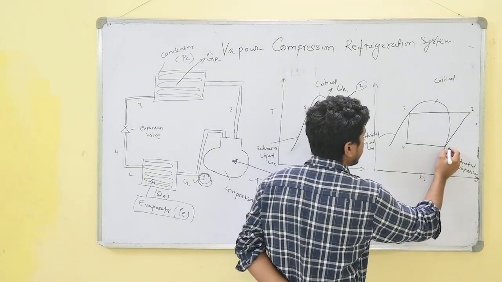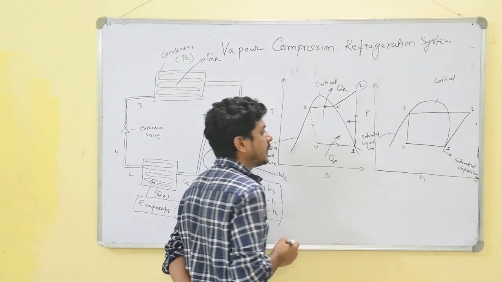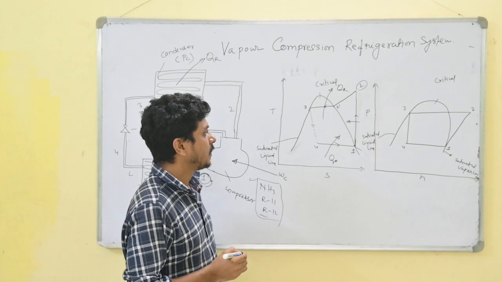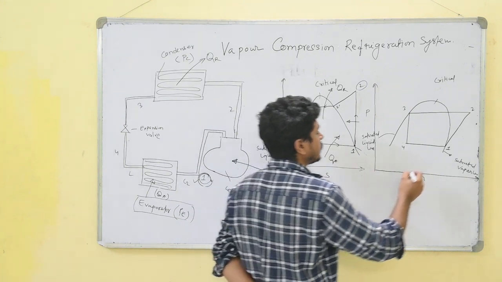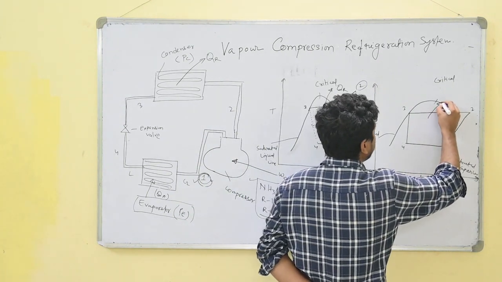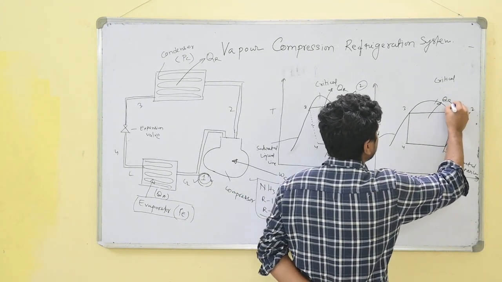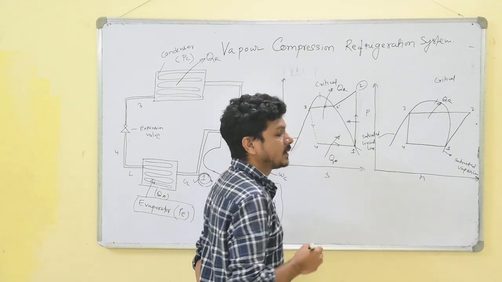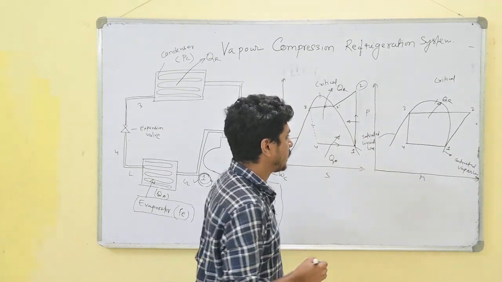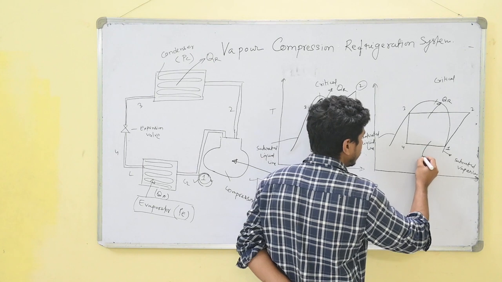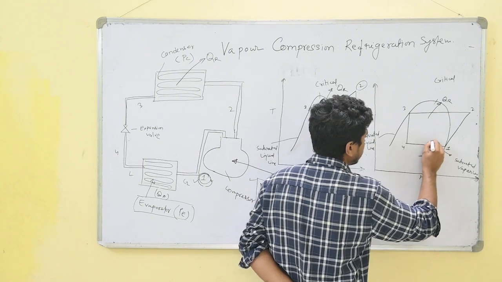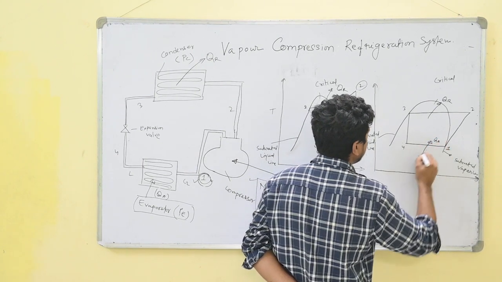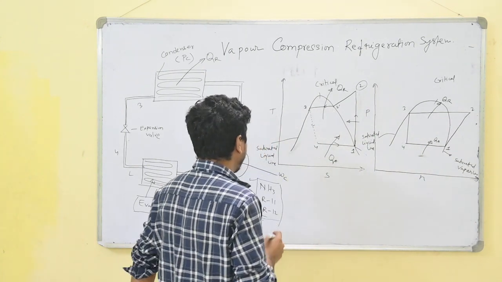Again, I say that 1-2 is isentropic compression, 2-3 is isobaric heat rejection, 3-4 is an isenthalpic process, and 4-1 is isobaric heat absorption.